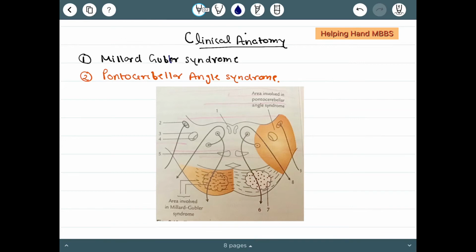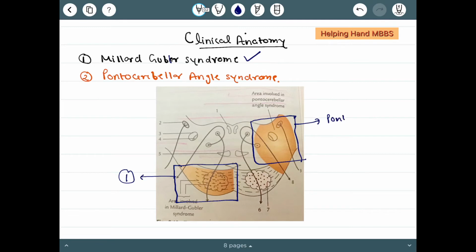As you can see in this figure, if this part is affected, it is known as Millard-Gubler syndrome. And if this part is affected, as you can see, this is at the pontocerebellar junction, so this is pontocerebellar angle syndrome.